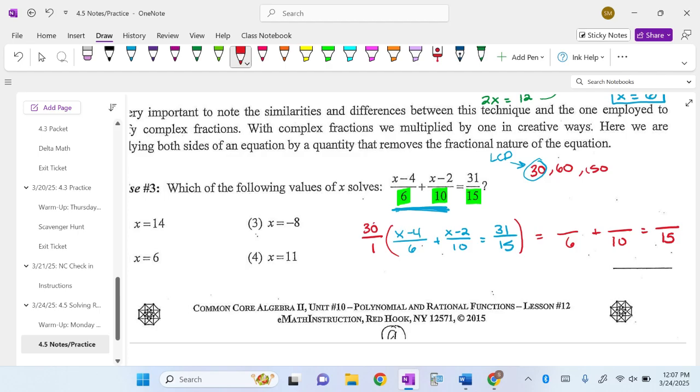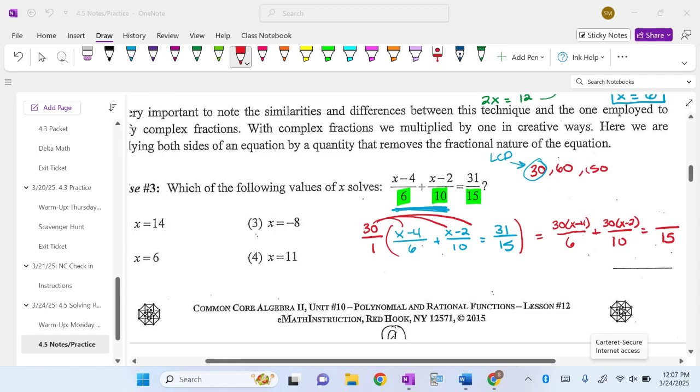Now I'm going to multiply 30 to all these expressions. 30 times x minus 4 is a distribution problem, and you're not going to distribute it just yet. So I have 30 times x minus 4, 30 times x minus 2, and then can someone do 30 times 31 on their calculator? I do not know that off the top. It's not 900, it's 930, I think. Yeah, it's 930.